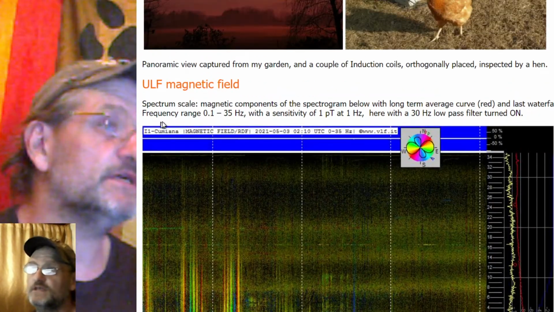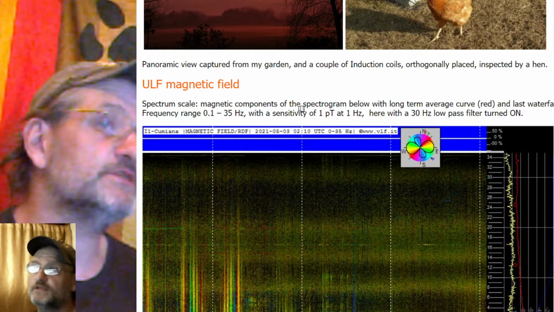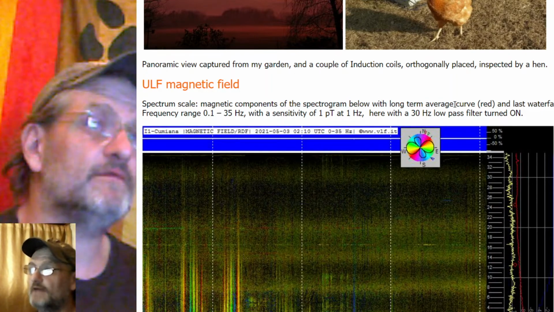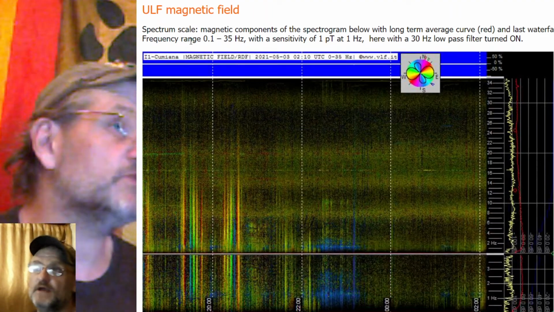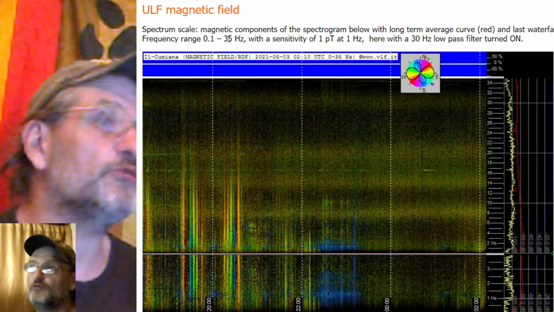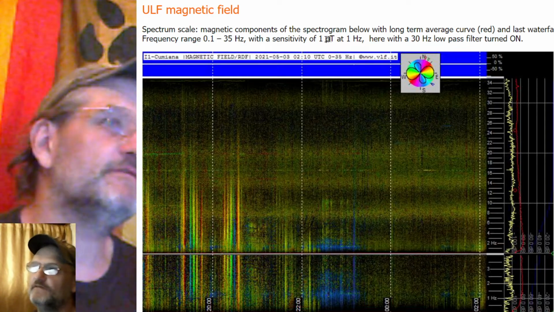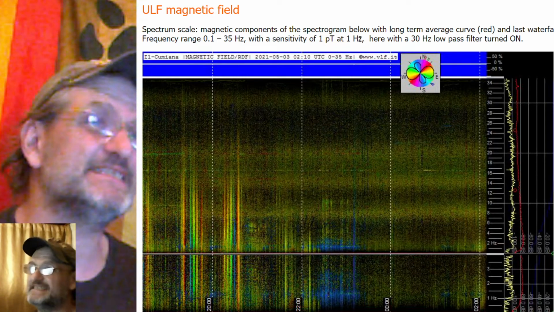I'll read you what it says. Says spectrum scale magnetic components of the spectrogram below with long range average curve, that's red, and last waterfall line. Frequency spectrum 0.1 to 35 hertz with a sensitivity of 1 picotesla at 1 hertz.